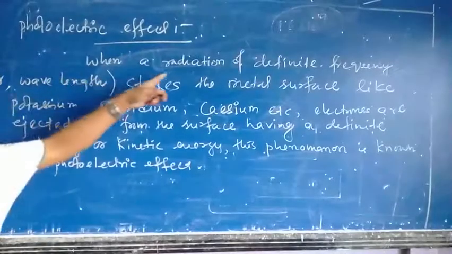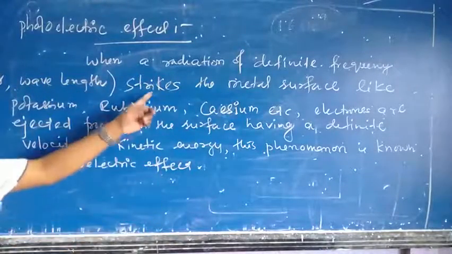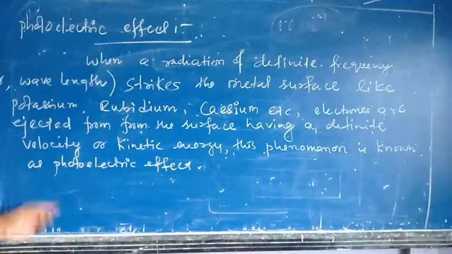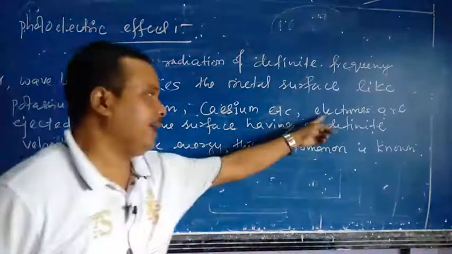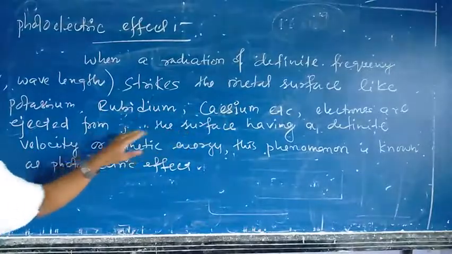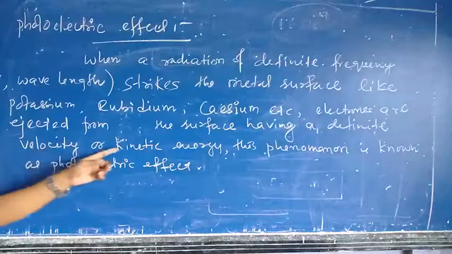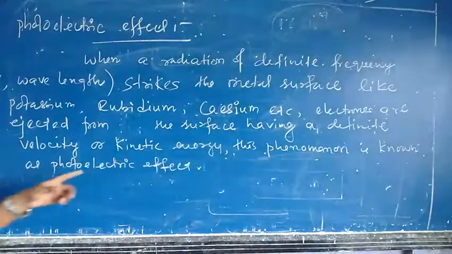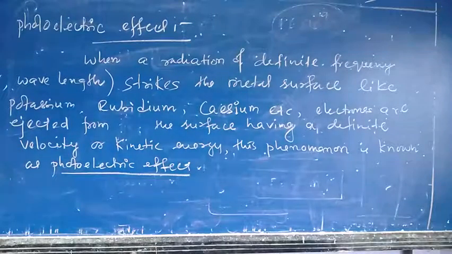So when a radiation of a definite frequency or wavelength strikes the metal surface like potassium, rubidium, cesium, electrons are ejected from the metal surface having a definite velocity or kinetic energy, and this phenomenon is known as photoelectric effect. So this is the definition of photoelectric effect.